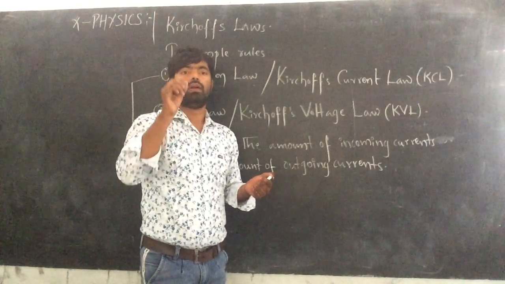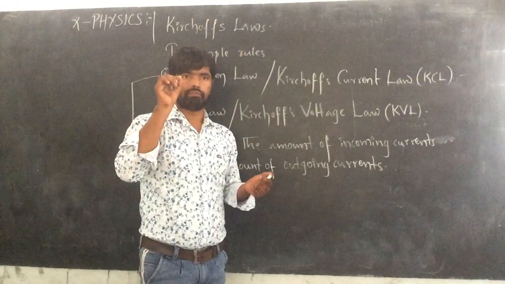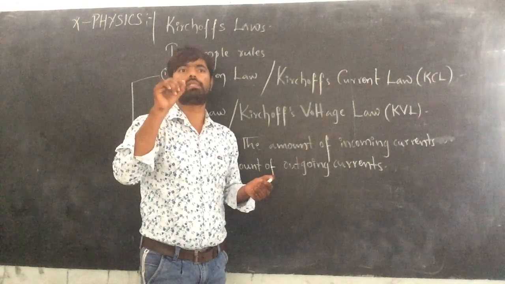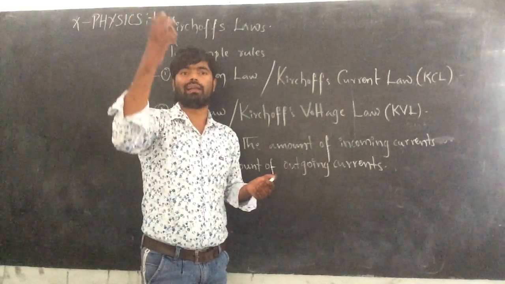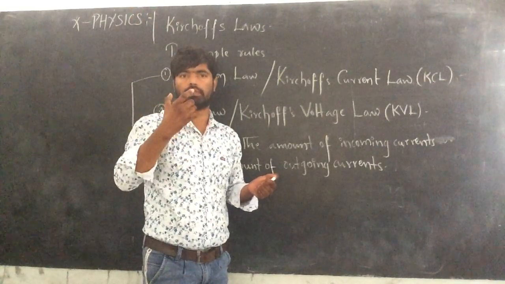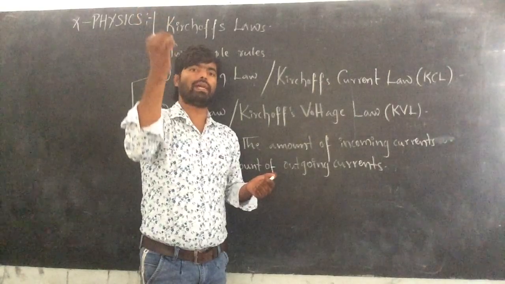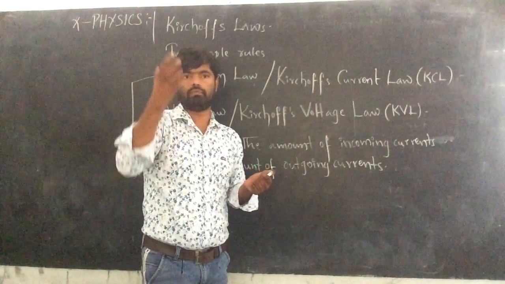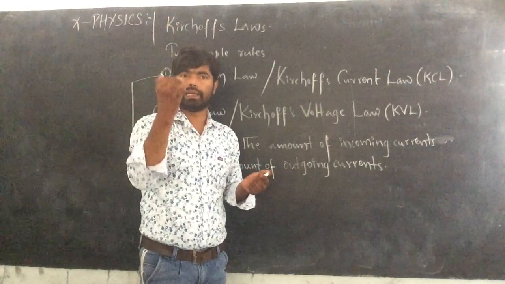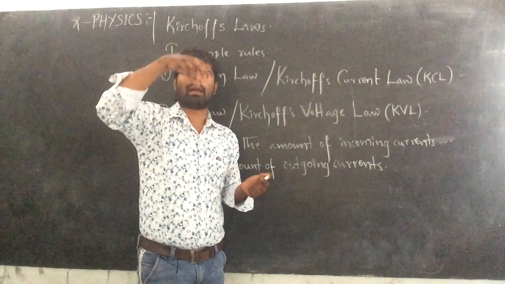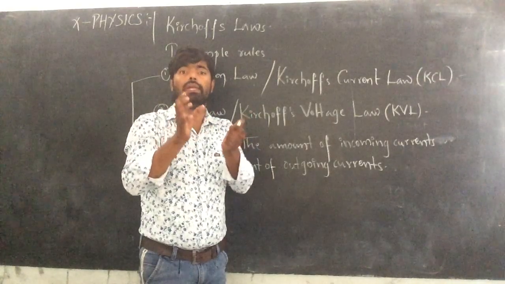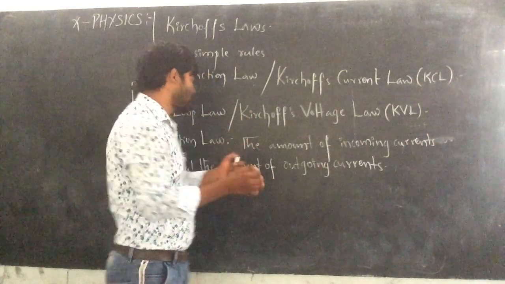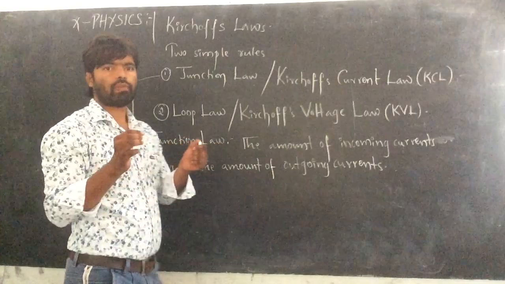They carry 240 volts, and they are connected to the meter. Those two wires are carrying a current, and they are connected at the meter. We call that meter a junction.